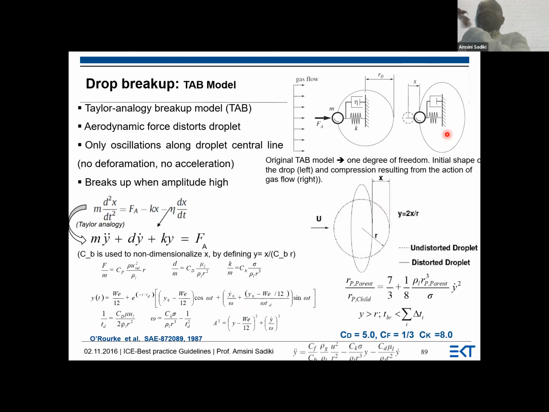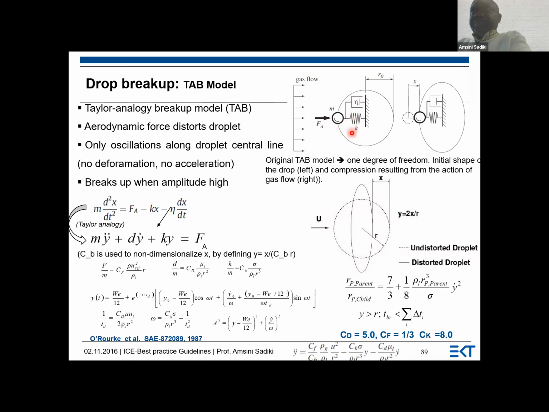There is also another secondary breakup model, that is this Taylor analogy breakup model. For that, we assume that we have our droplets here, and there we have the gas phase, which interacts with these droplets, and we have compression of this, and we initiate a variation of the diameter, of the radius, and this can be represented by this spring here.